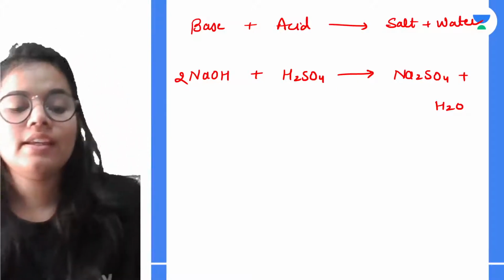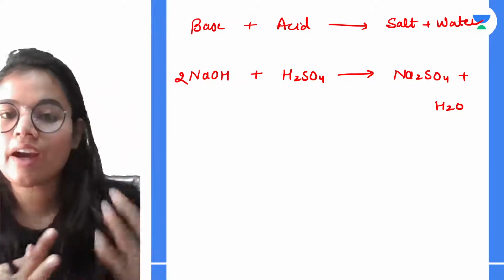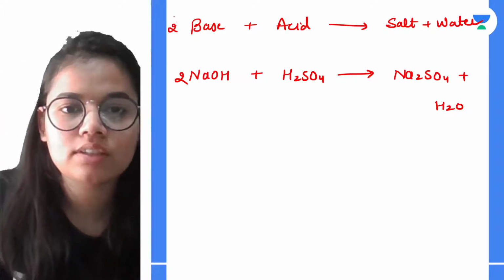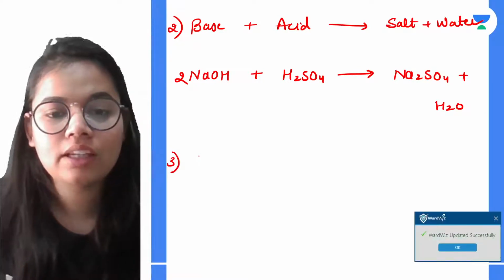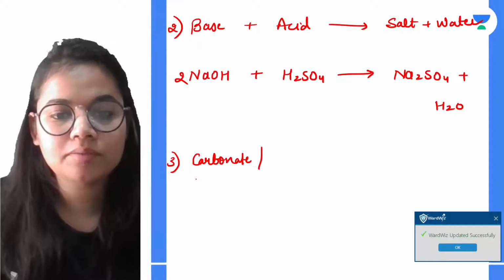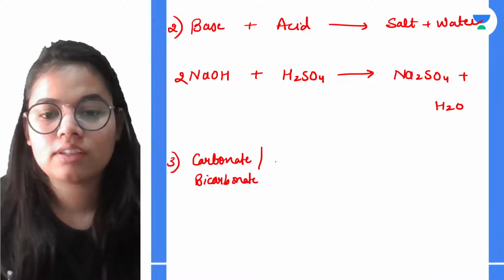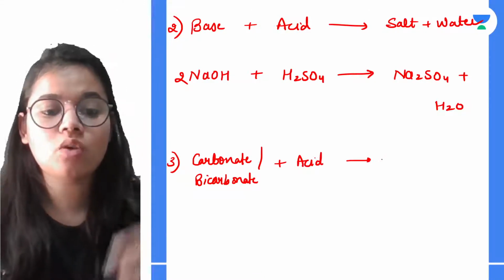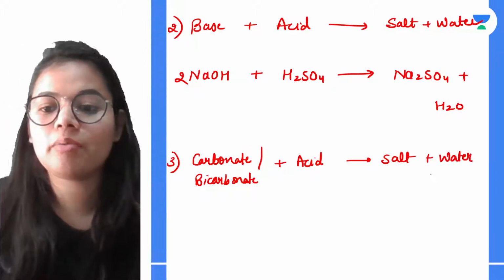Next thing is when any carbonate or bicarbonate reacts with the acid. So this is the second one. When any carbonate or bicarbonate reacts with acid, along with salt and water, we also get carbon dioxide.